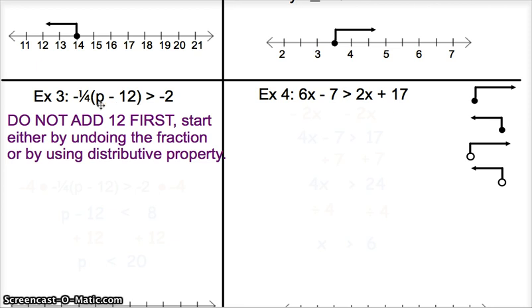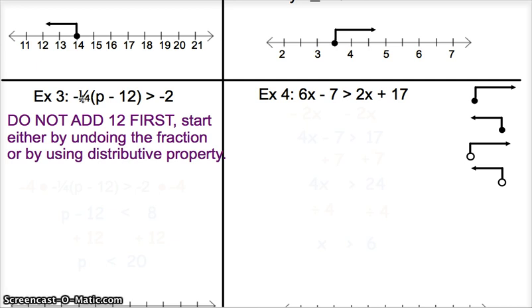If you were to evaluate the problem, first you would do parentheses and then you would multiply. When you undo, you need to go backwards through your order of operations. So in this case, you need to undo the multiplication first. You would have to undo the multiplication or use the distributive property.